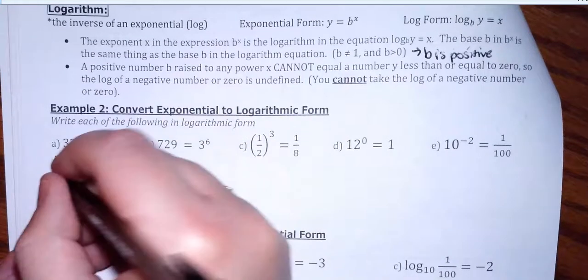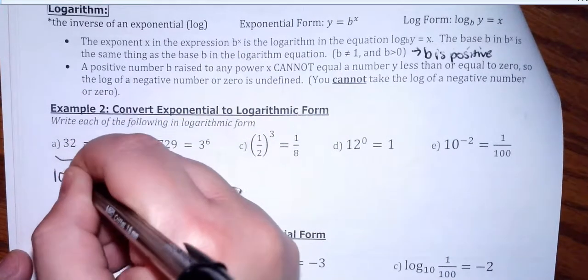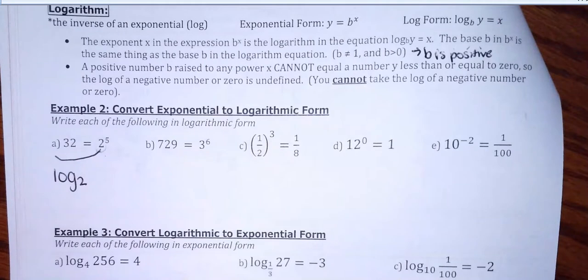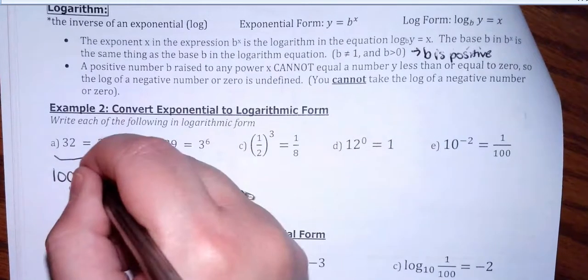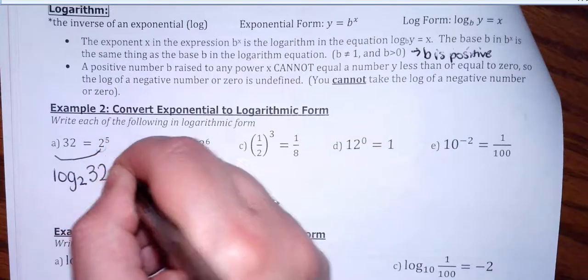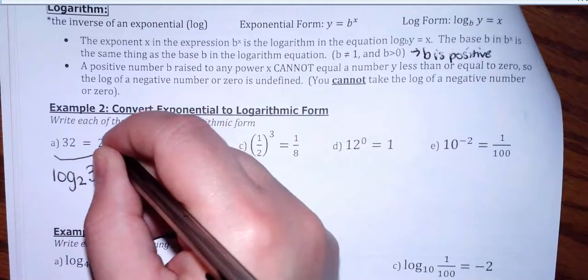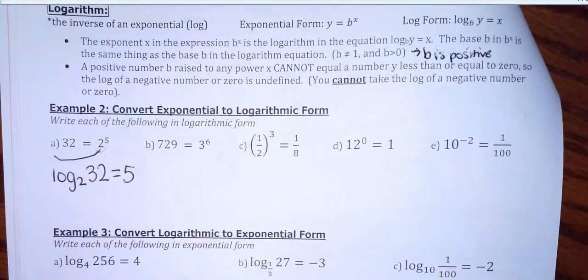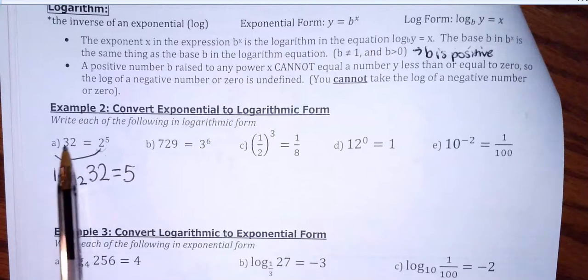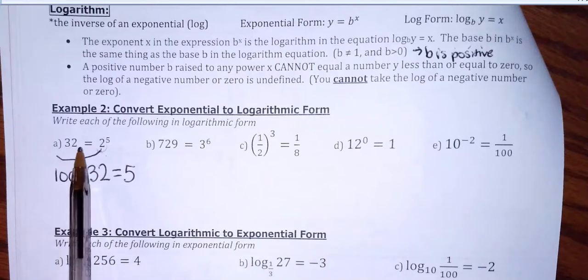The base of your exponent becomes the base, the little subscript, of your log. So this comes over here, keep the 32 where it's at. When you swing that down, the exponent comes down on the level with the rest of the equation. So these two things are equivalent. This is the exponential form, this is your log form.